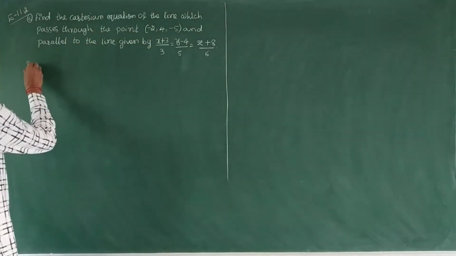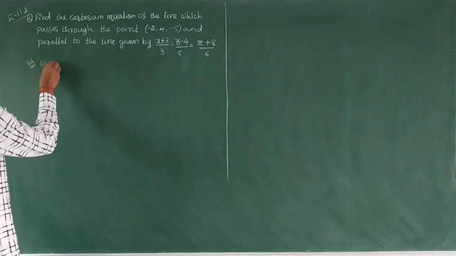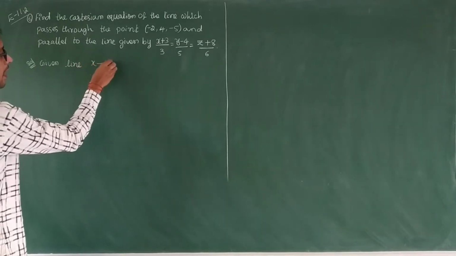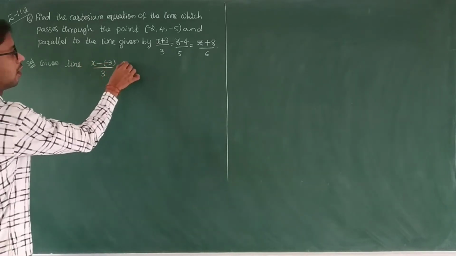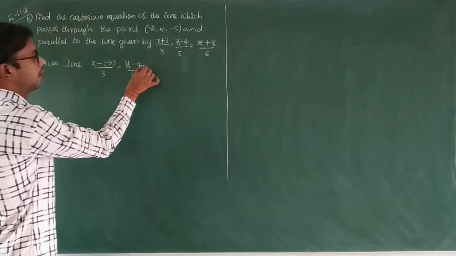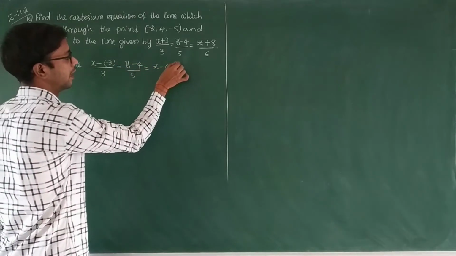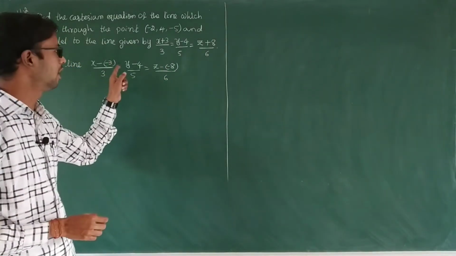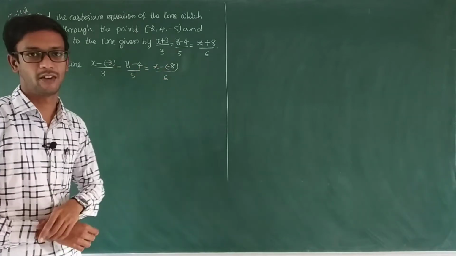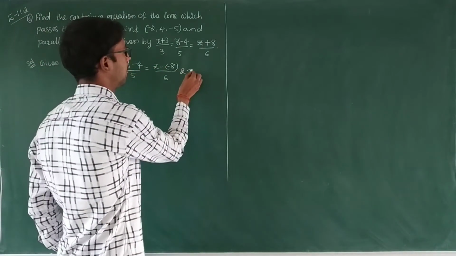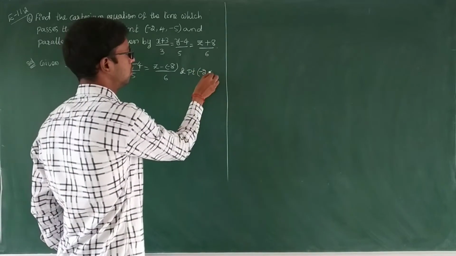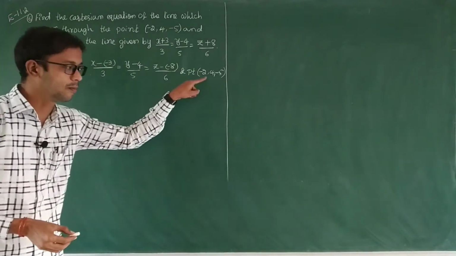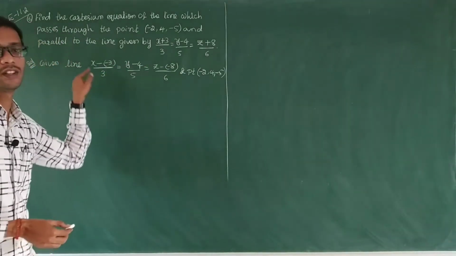So here is the solution. The given line is (x+3)/3 = (y-4)/5 = (z+8)/6. I am writing in Cartesian form (x-x1), (y-y1), (z-z1), and (-2, 4, -5) is the point. We need a line equation passing through this point and parallel to this line.